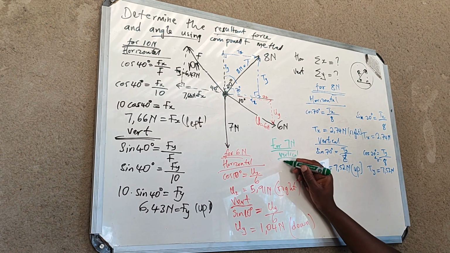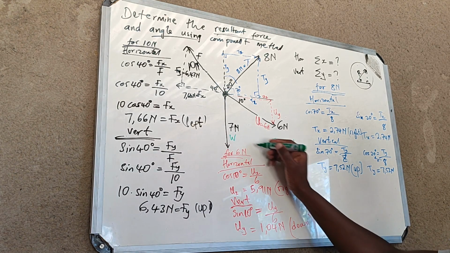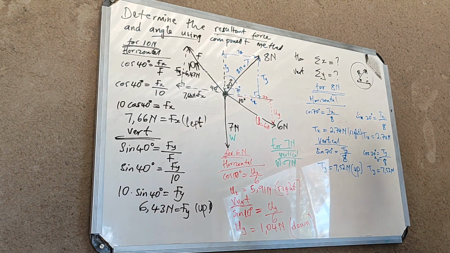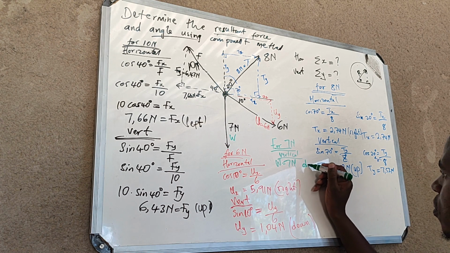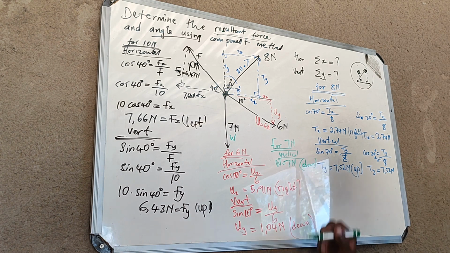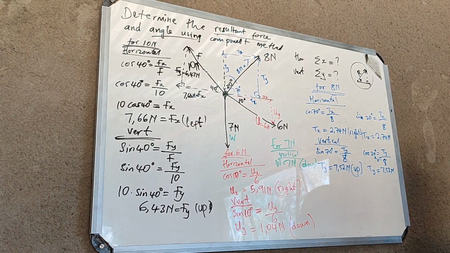We just say 7 newton, or we can give it W. Let's give W, because going down, W is 7 newton. Vertical down, yes, because there are no other components.